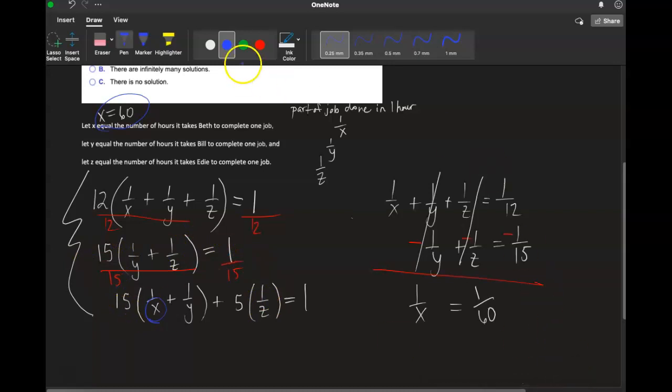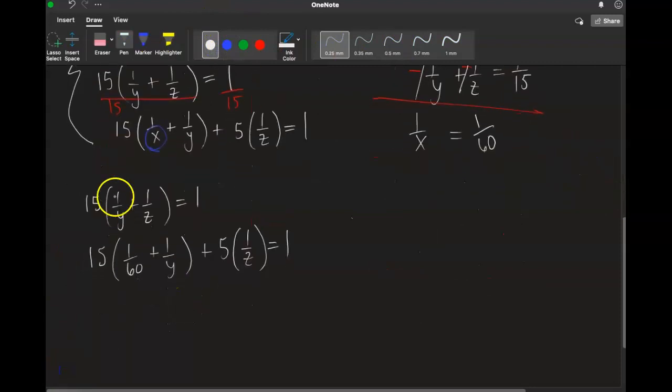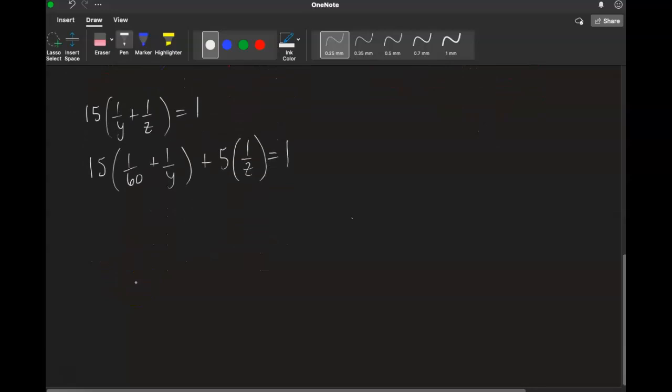So I'm going to scroll down to get a little bit more space. What I did here was I rewrote the second equation and I rewrote the third equation, but the only thing I did differently with that third equation was I substituted that x is 60. Okay, so at this point, again, just a lot of algebra. So I'm going to do this a little bit differently. I think I'm going to multiply through by 15, and then multiply through by 15 and 5 in the second one.